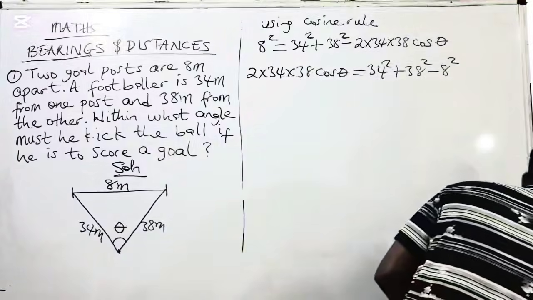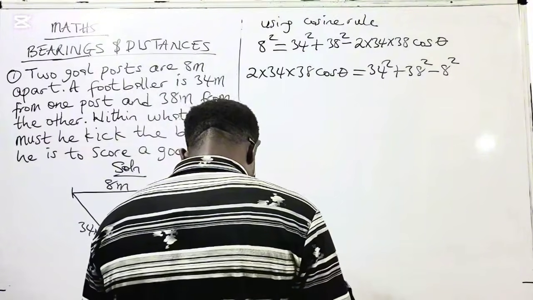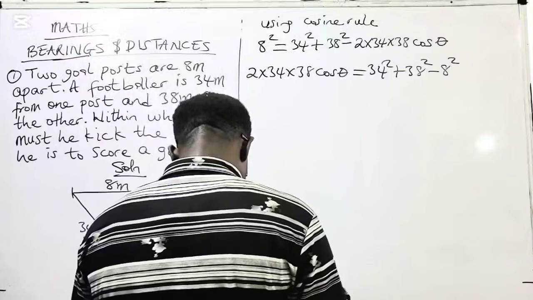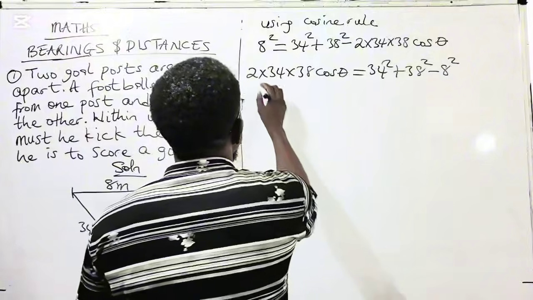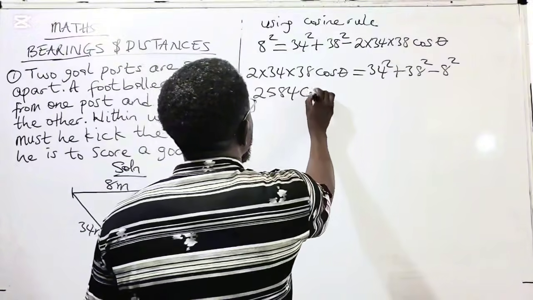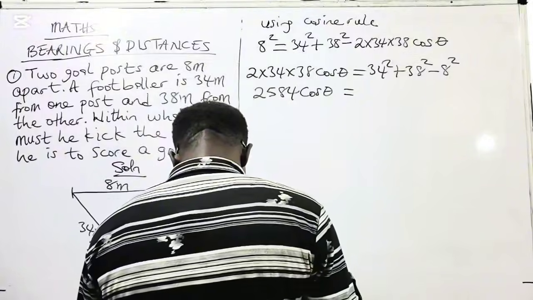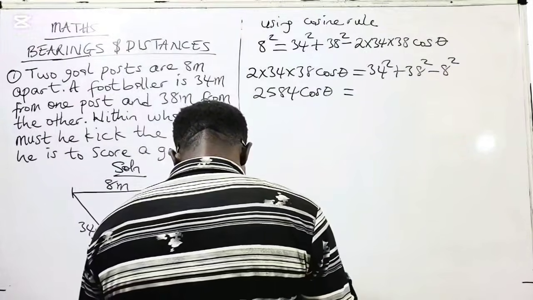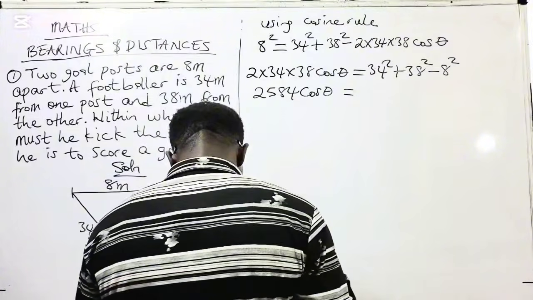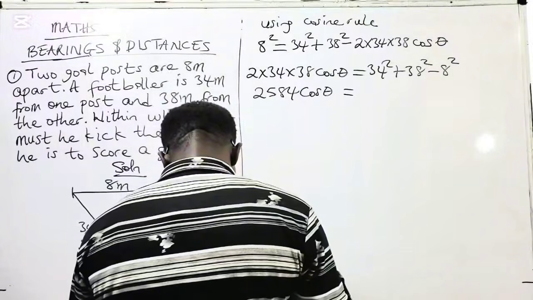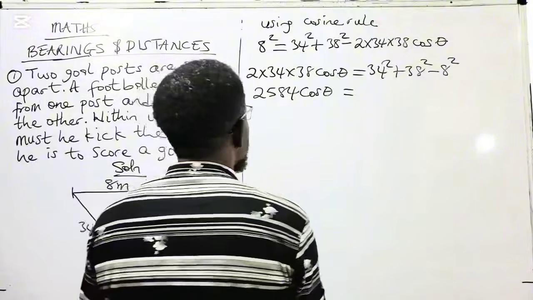So now, if we work on that, 2 times 34 times 38 will give 2584, cos theta. And 34 squared plus 38 squared minus 8 squared will give 2536.